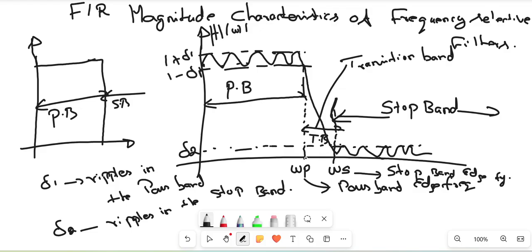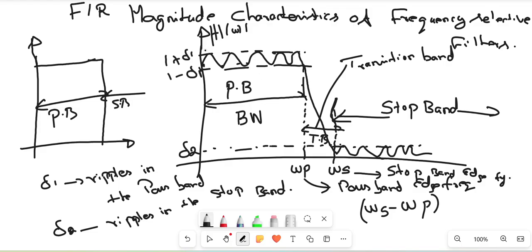So, the width omega s minus omega p is called the transition band. The width of the pass band is usually called the bandwidth of the filter.